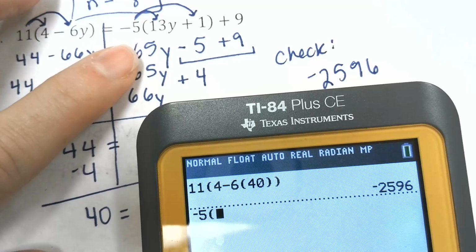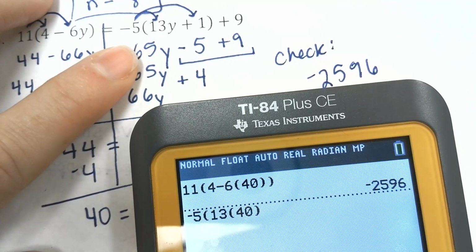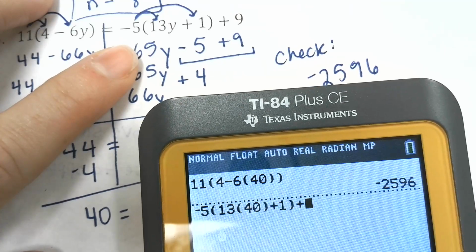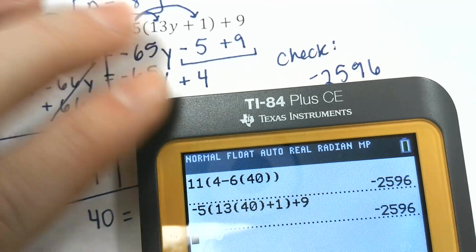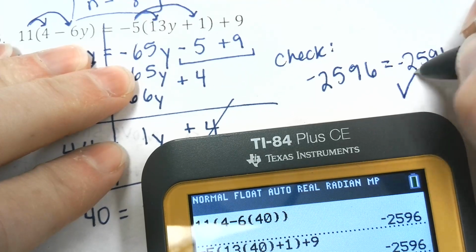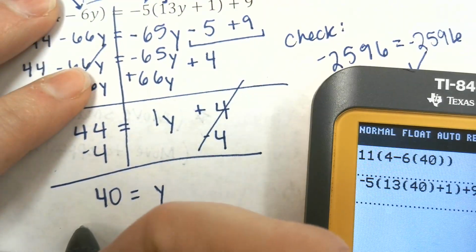So negative 5, parentheses, 13 times 40 plus 1, close parentheses, plus 9. Oh, it's the same. Check it. Put a little check mark there. And y is 40.